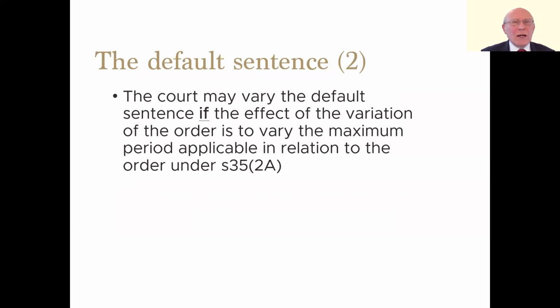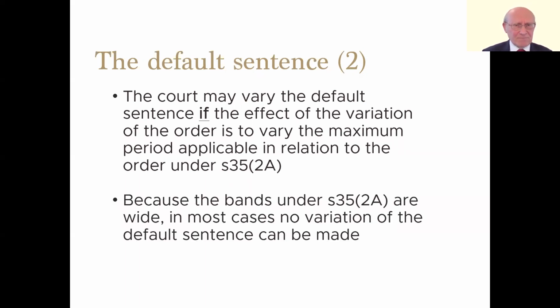And the reason is that the court may vary the default sentence if, but only if, the effect of the variation of the amount required to be paid is to vary the maximum period applicable in relation to the order under Section 35, subsection 2A. And that's the subsection that gives us these 4 bands of default sentences. But those 4 bands, as we know, are very wide. There is, for example, a band that goes from £10,000 to £500,000.